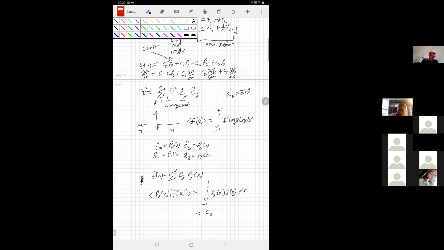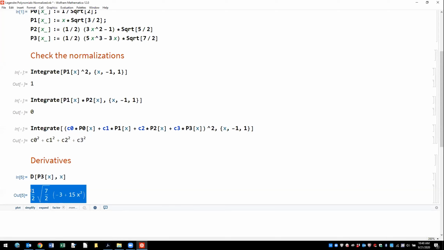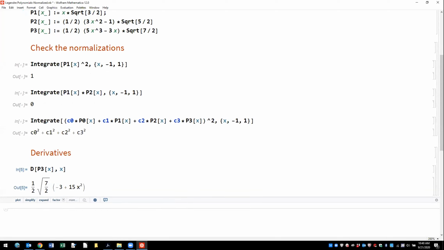And likewise, if our f of x here is partial p3 by partial x, then all we have to do is, I'm going to try to share my screen. All right, so there's the derivative of p3 of x. It's this thing. I want to figure out how to write that in terms of p0 and p2.